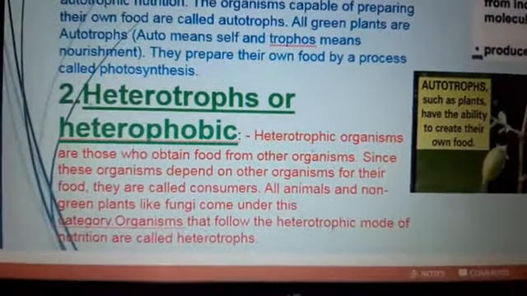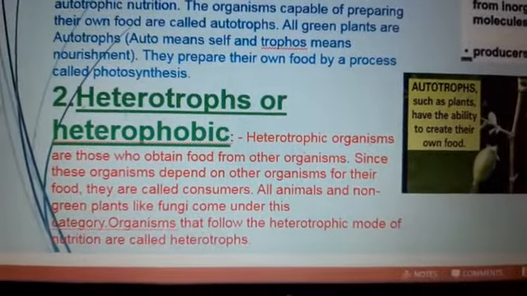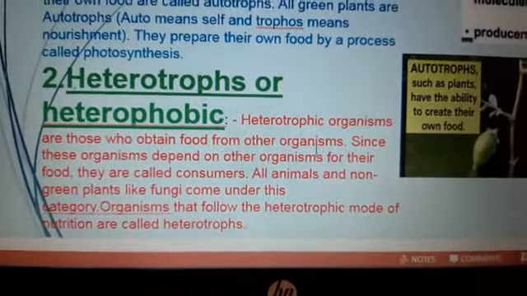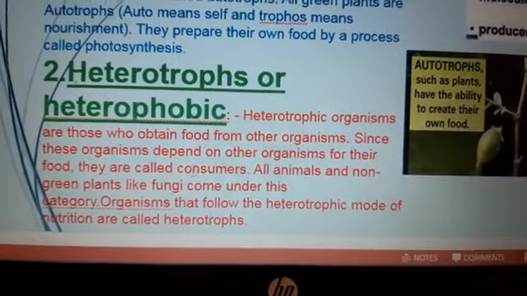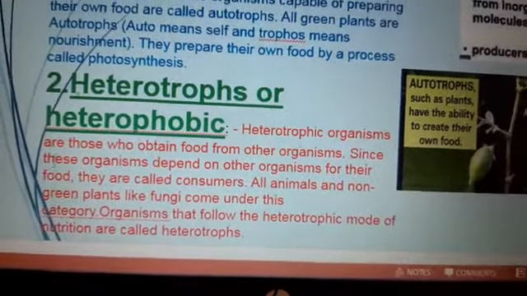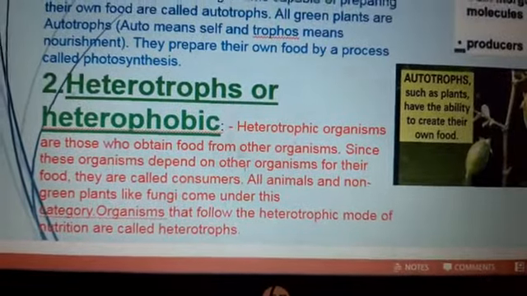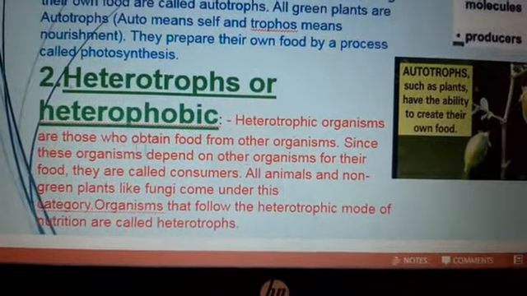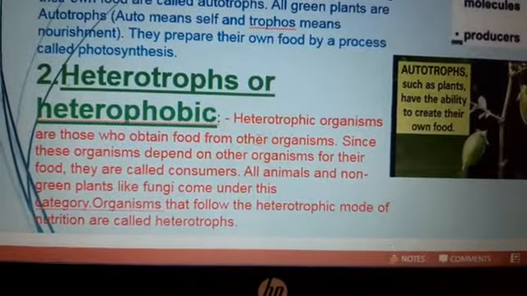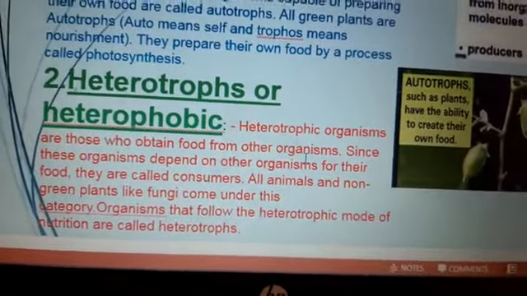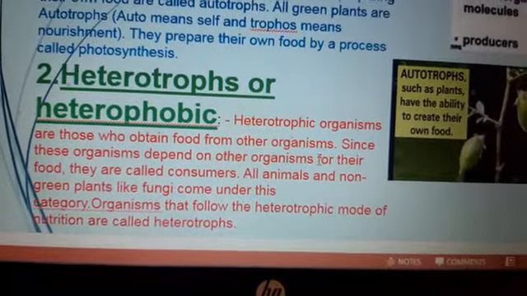Here we discuss heterotrophs, or heterotrophic nutrition. We can see this topic on your screen. Note down this content and listen carefully. Heterotrophic organisms are those that obtain food from other organisms.